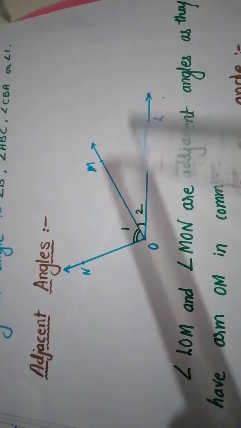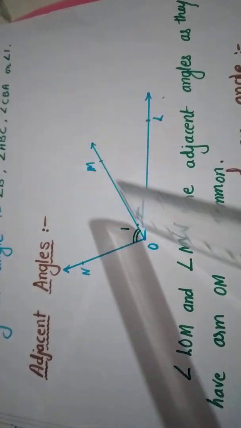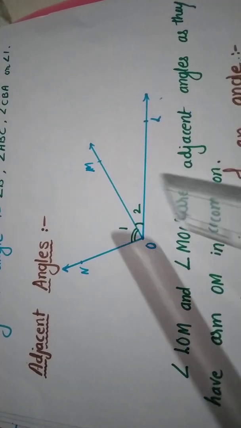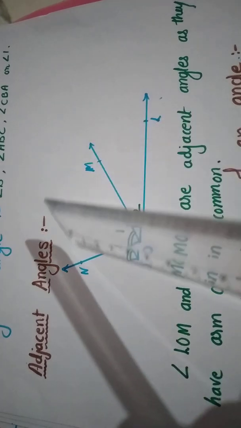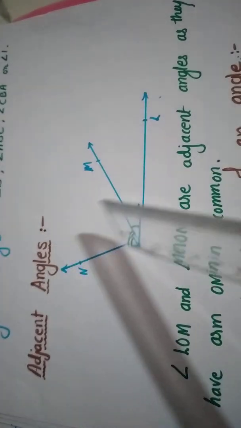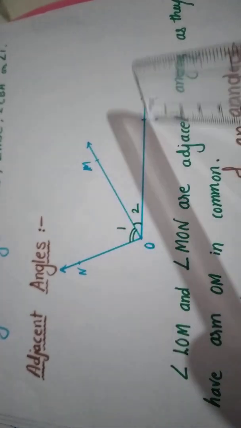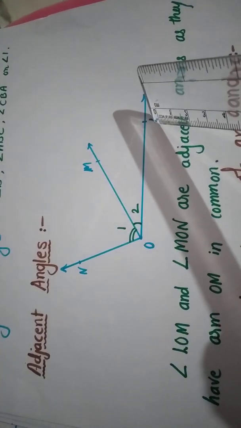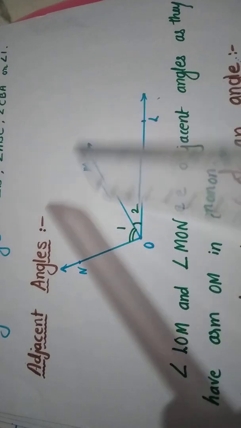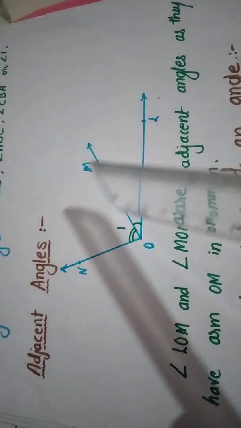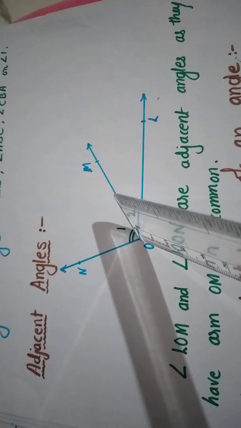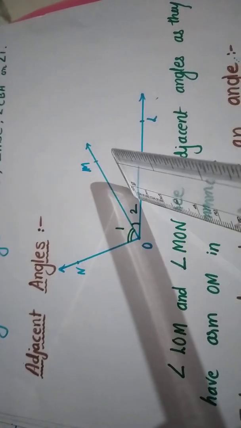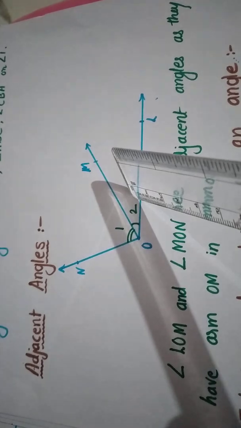See here, angle LOM and angle MON are adjacent angles as they have arm OM in common. But if we consider angle NOL and angle NOM, then also they will have a common ray, but they will not be adjacent angles. Only the angles which have such a common ray in between are called adjacent angles.